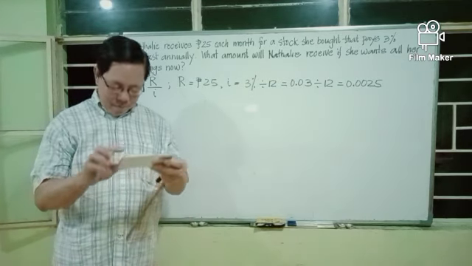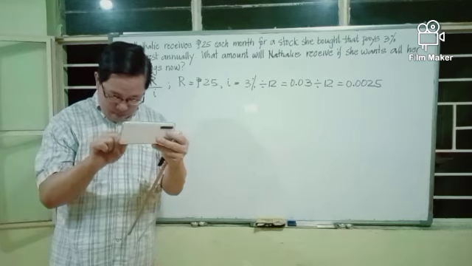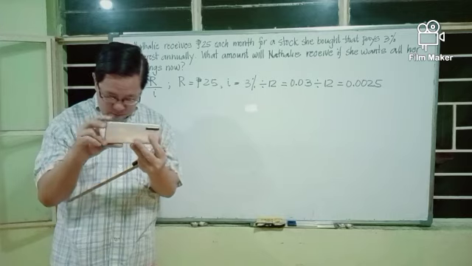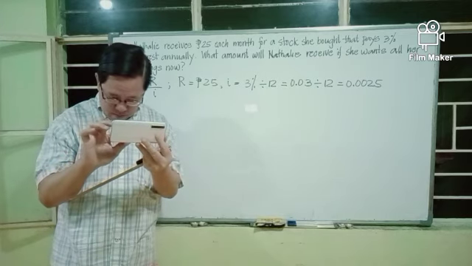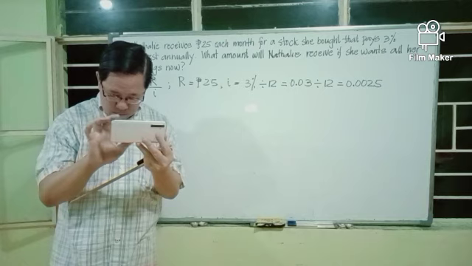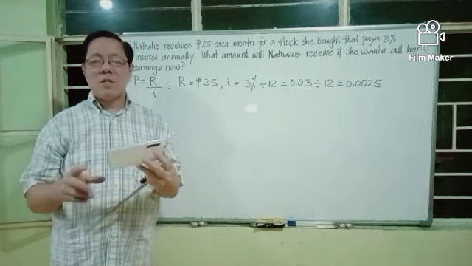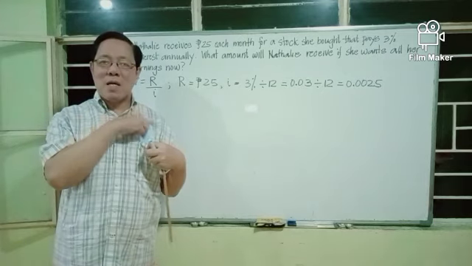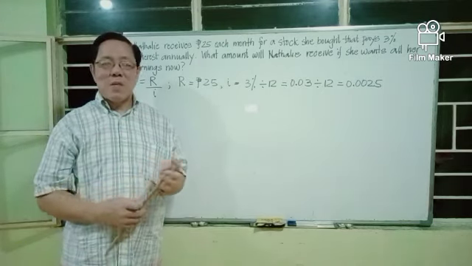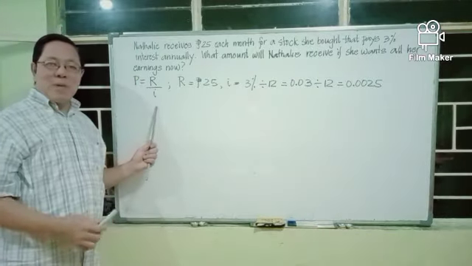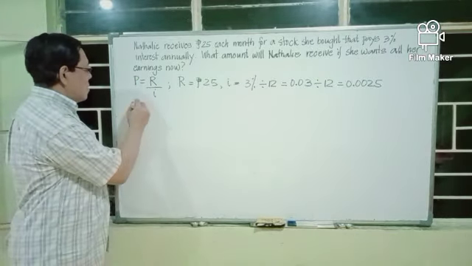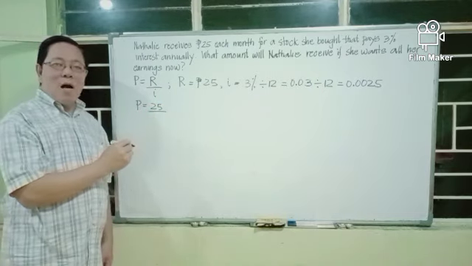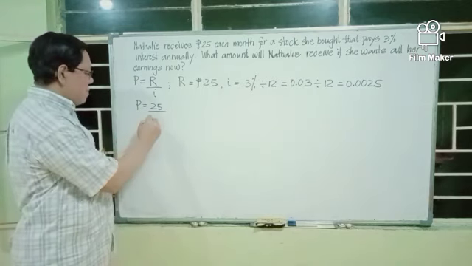Let us check. 0.0025. And the present value, the amount that Natalie will receive today, is obtained by simply dividing R by the interest rate per period. 25 is R, i is 0.0025.